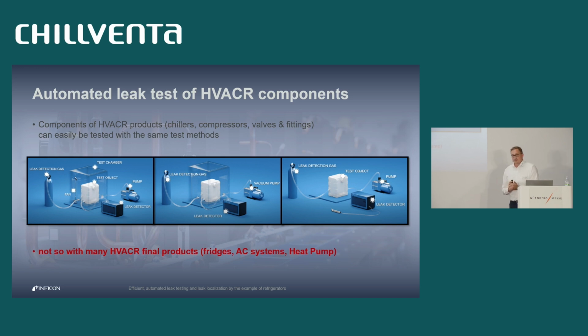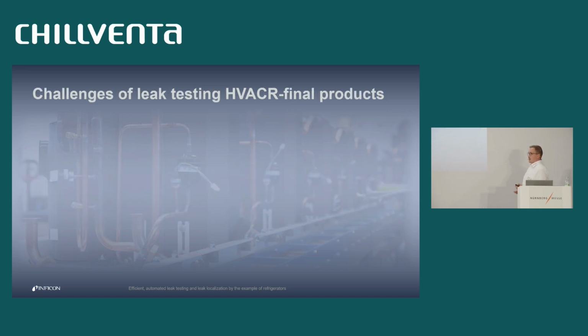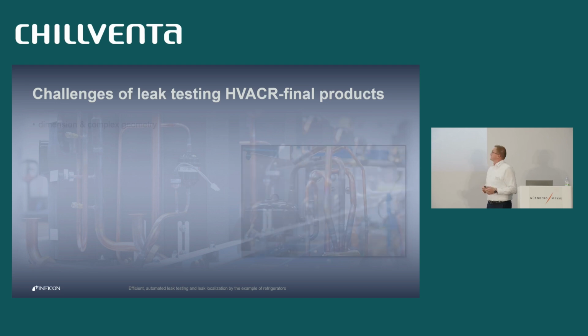But this is not the case, or it's not that easy if you are looking at final products of refrigeration air conditioning industry. Let's think about fridges or AC system heat pumps. And why is that? What are the challenges to leak test final products in the heating, ventilation, air conditioning industry automated?